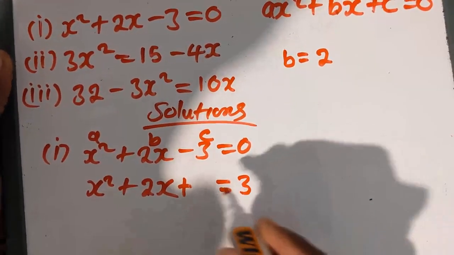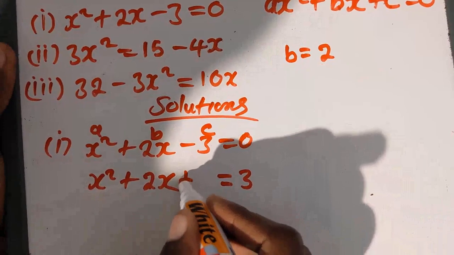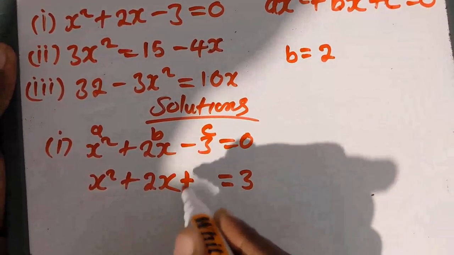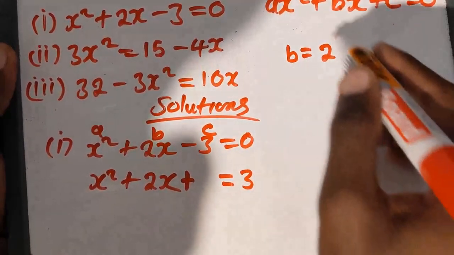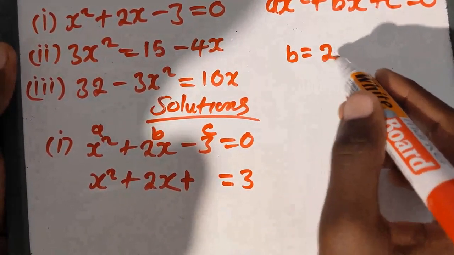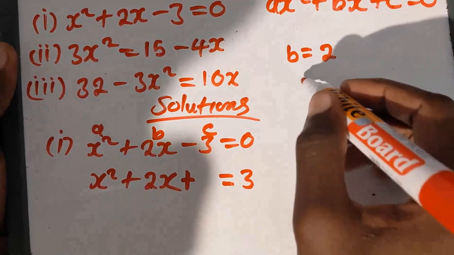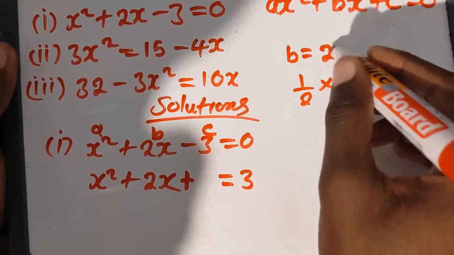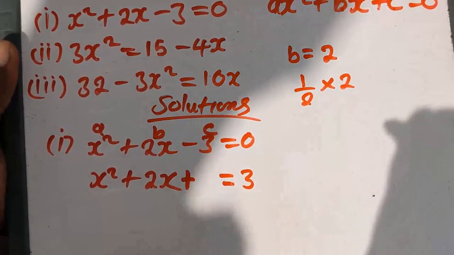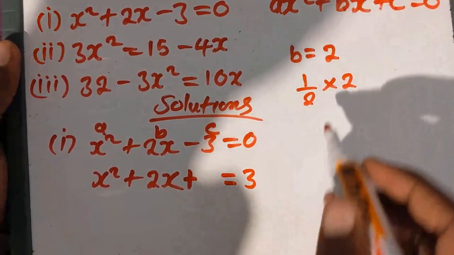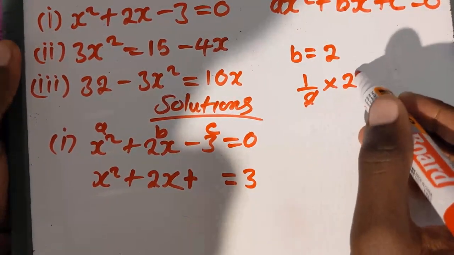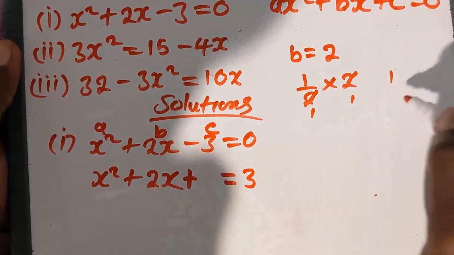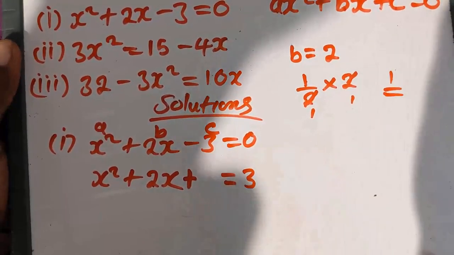So here we need to add, addition is positive, half of b. What is half of b? Half of b is just a matter of multiplying 1 over 2 times 2. That is what we call half. So 2 into 1 over 2 is just 1. So half of 2 is 1.